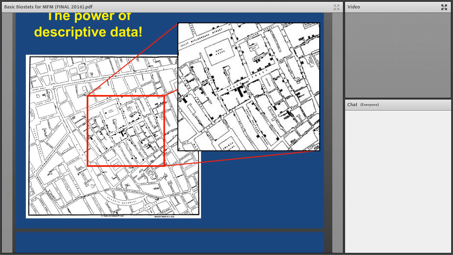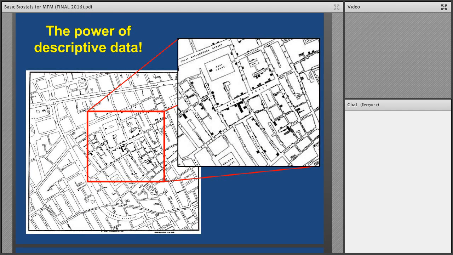And here's one example, a very classic example of the power of descriptive data. This is John Snow's map of London during the cholera epidemic. He was an epidemiologist. He's sort of the father of epidemiology, and this cholera study really points out how this was done.